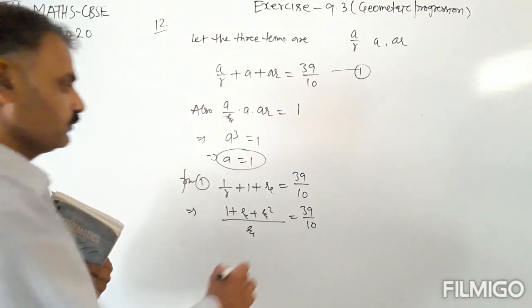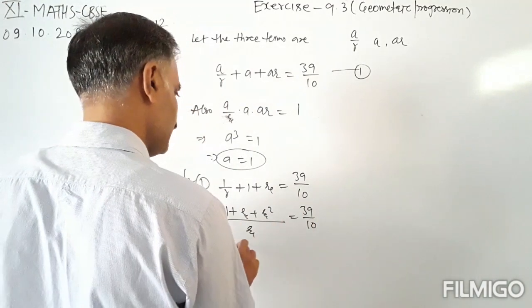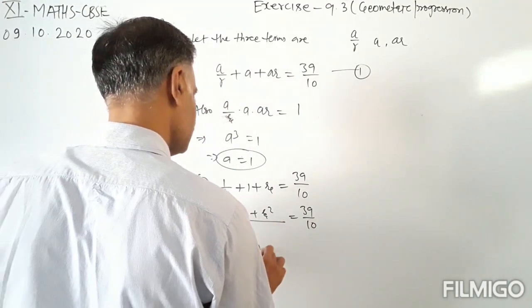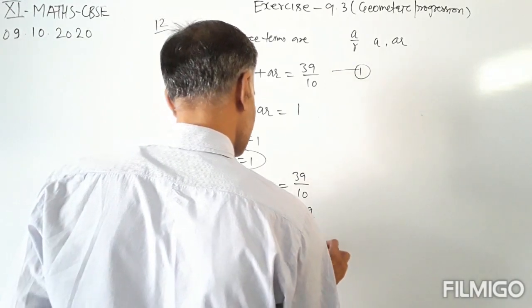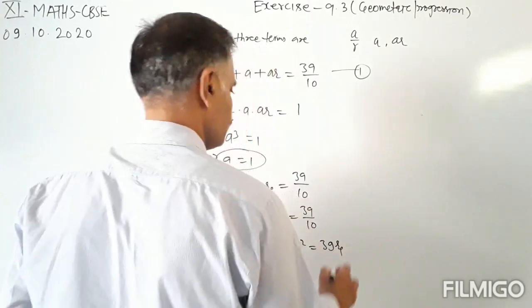Solving this, we will have 10 plus 10r plus 10r square equals 39r.